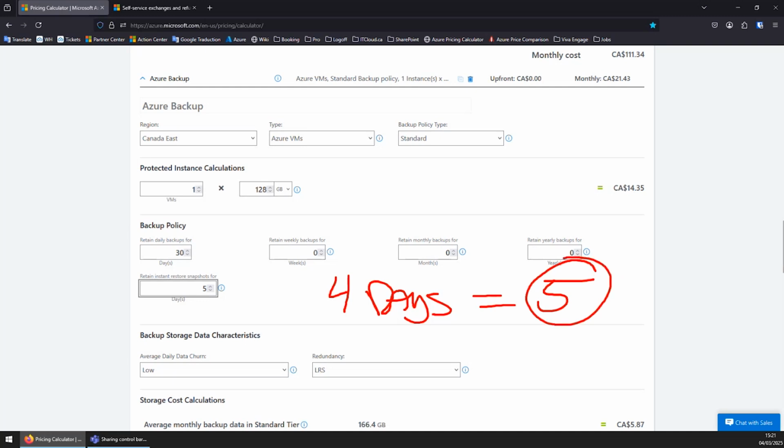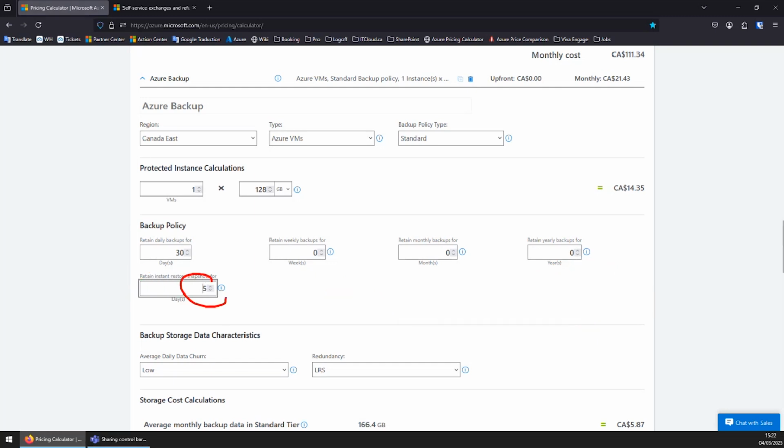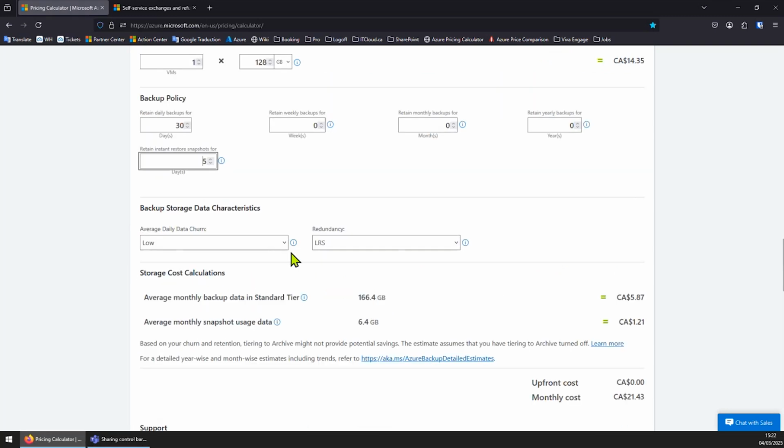If we have a holiday from Friday to Monday, on Tuesday morning, if something goes wrong, you will be happy to still have instant restore. What does that mean? There is no impact on the quality of the backup and restore, only on the rapidity or the speed of the restore. This will be an instant restore. So don't play with that, and do the maximum for your customer.